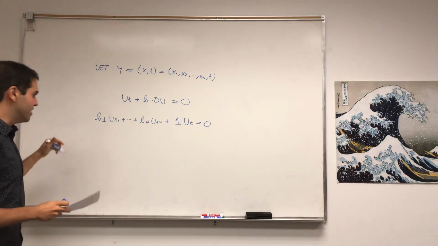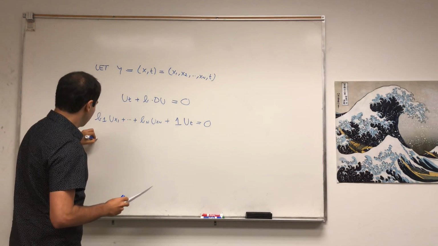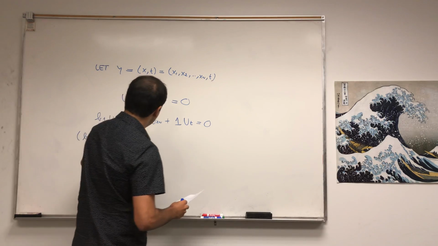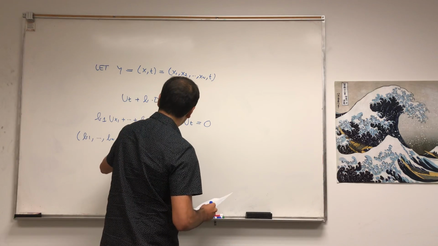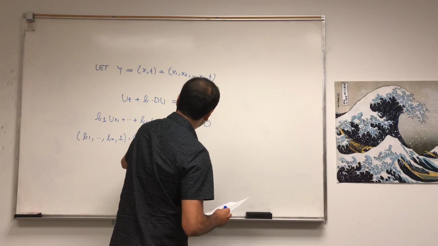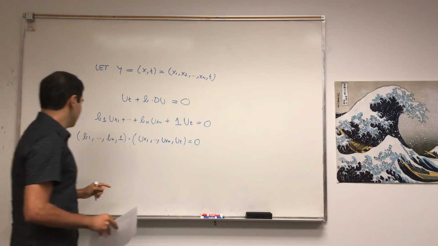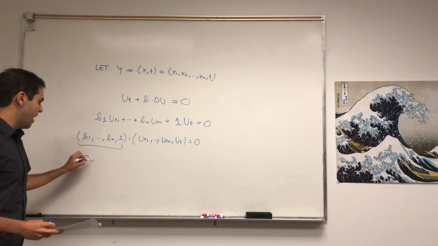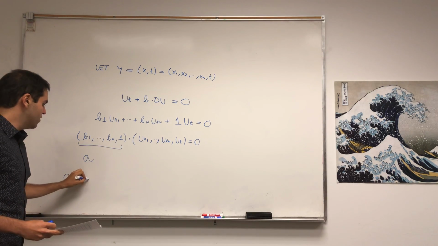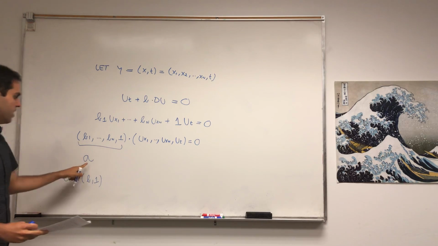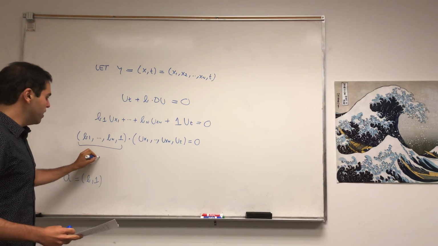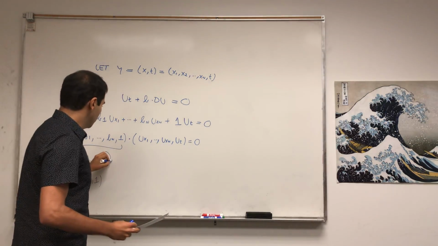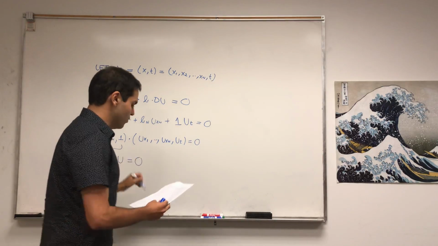This is the same as saying (b1, ..., bn, 1) dotted with (u_x1, ..., u_xn, u_t) equals 0. So if we define this vector A to be (b, 1), then this says A dotted with the derivative of u with respect to this new variable, D_y u, equals 0.